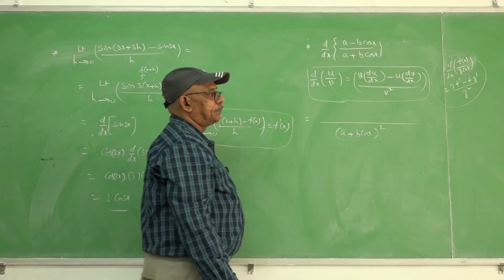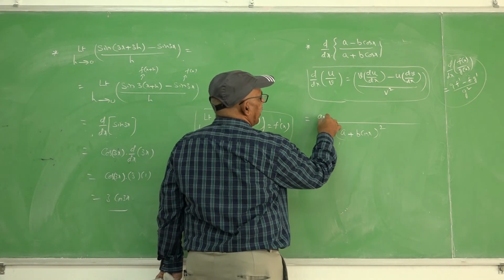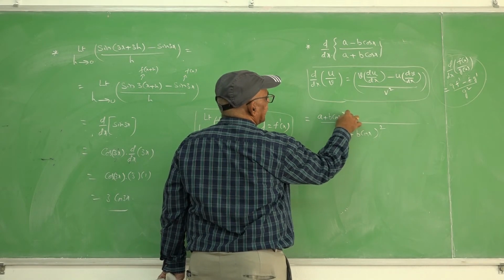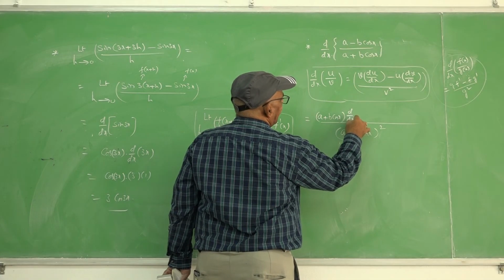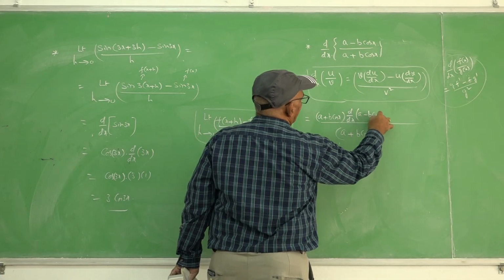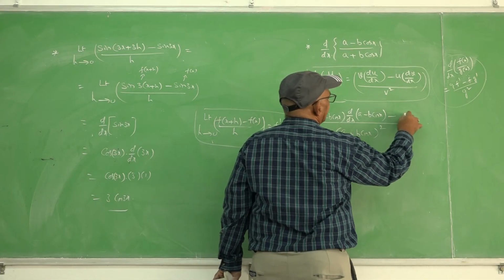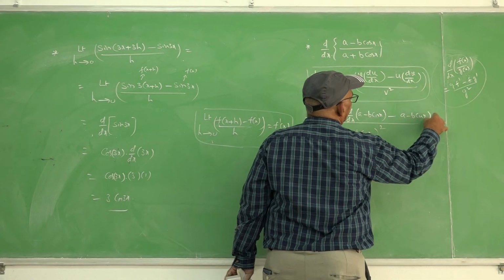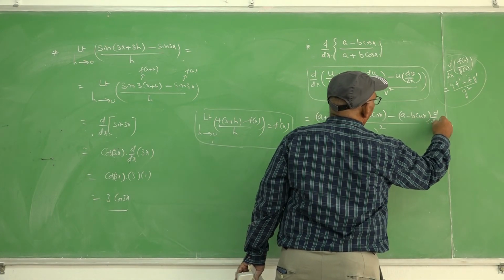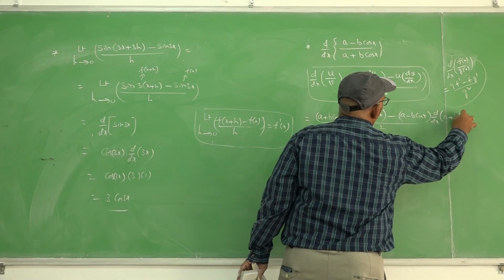In the numerator, v means the denominator, a plus b cos x, into the derivative of the numerator, a minus b cos x, minus the numerator into the derivative of the denominator, dy by dx of a plus b cos x.